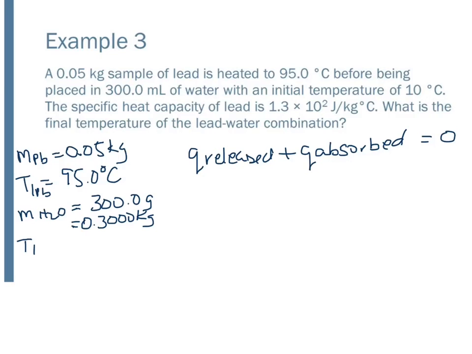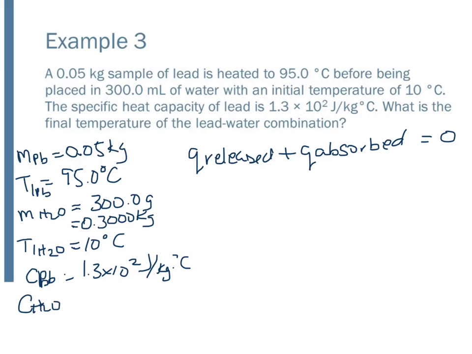So I'm just going to go back and put T1 PB there. And T1 H2O is 10 degrees Celsius. And we're told that the specific heat capacity of lead is 1.3 times 10 to the power 2 joules per kilogram dot degrees Celsius. And we know our C for water is 4.18 times 10 to the power of 3 joules per kilogram dot degrees Celsius.